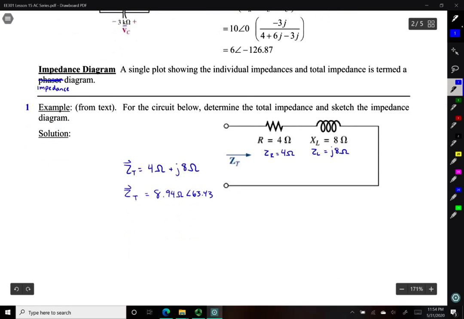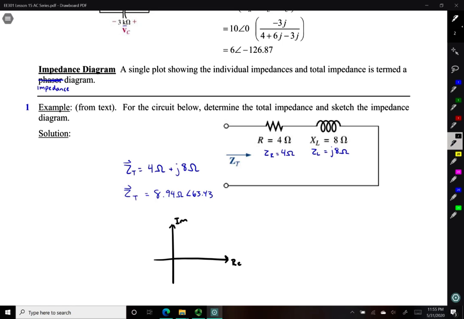Alright, this example also asks us to plot this out on an impedance diagram. So we'll have our real and imaginary axes. We have 2, 3, 4 for our resistive, and 1, 2, 3, 4, 5, 6, 7, 8 for our imaginary.